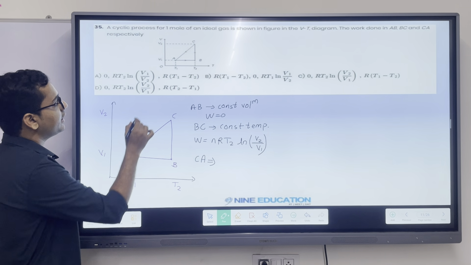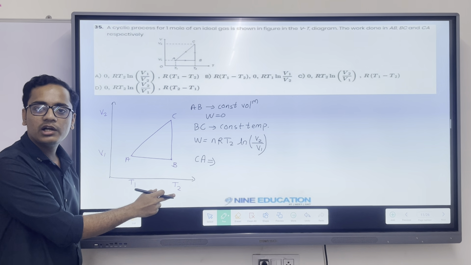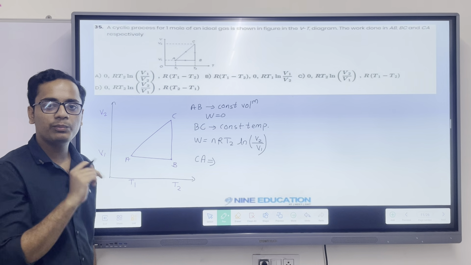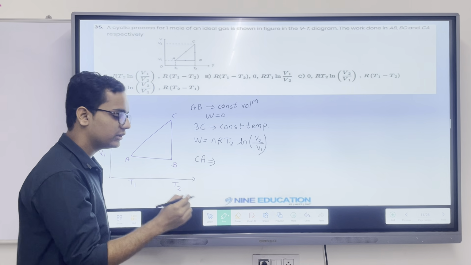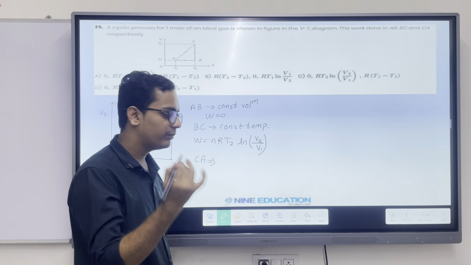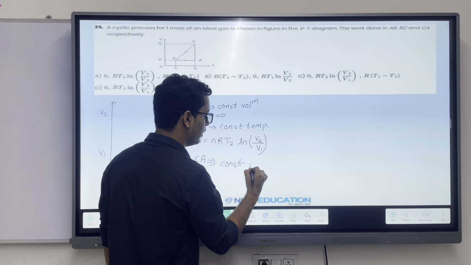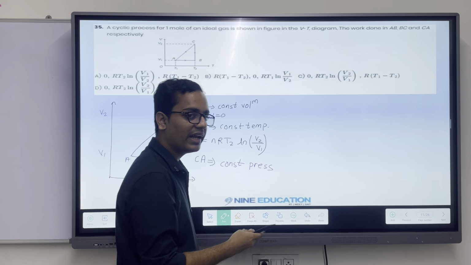You can clearly see in CA, the slope of the volume and temperature curve is constant. The slope of the volume and temperature curve is 1 by P. That means pressure is constant. So this is an isobaric process.